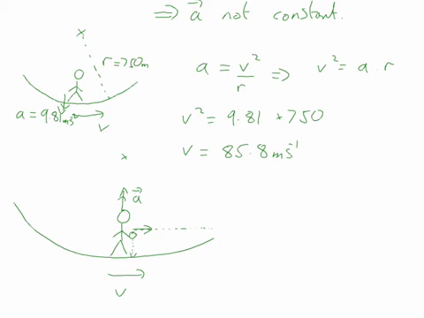But this effect, where you're moving around in a circle, in fact, if you're on a fairground ride that goes round and round in a circle, if you're holding something out, it's hard to move your hands in towards the center. And so it feels to you almost as if there is some force pushing you away from the center. That, as we'll deal with when we get to forces, is called the centrifugal force.